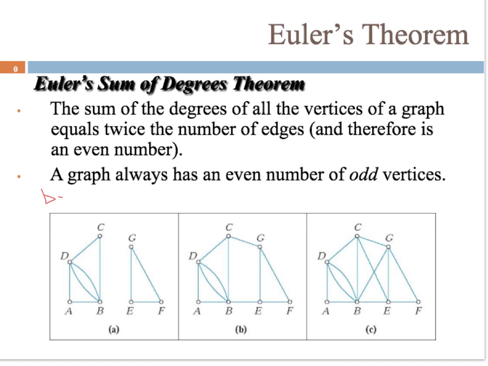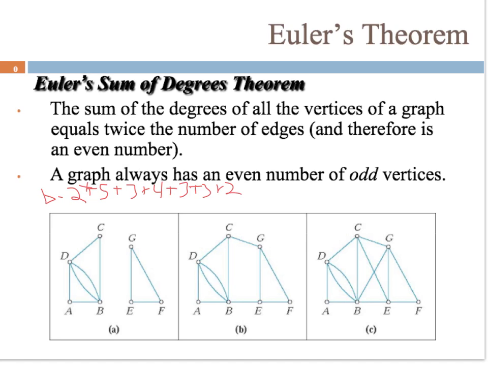So let's see, graph B. Let's add up all the degrees for B. So we have A is degree 2 plus B is degree 5, C is degree 3, D is degree 4, E is degree 3, G is degree 3, and F is degree 2.